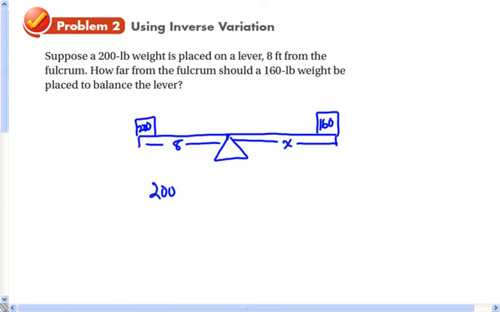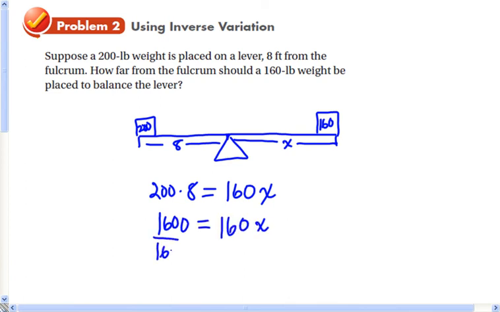So 200 times 8 has to equal 160 times x. So 1600 has to equal 160 times x, and I can just divide by 160, and I get x is 10. So 10 feet away will give us the balance we need. All right, I'll let you try that.